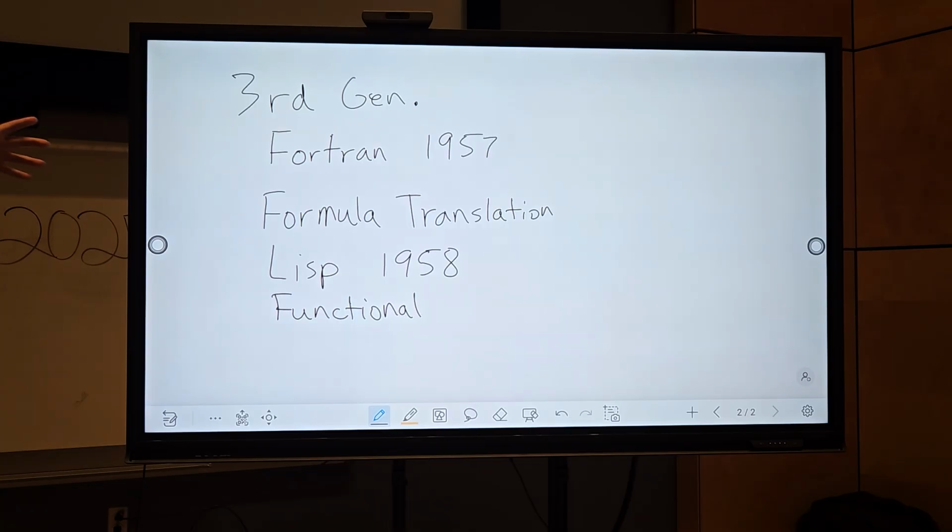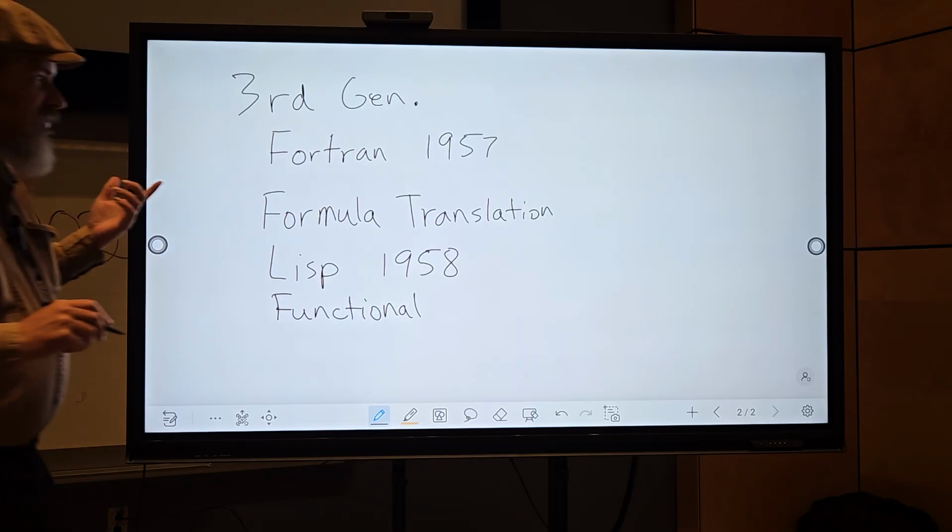What distinguishes third generation languages is that they are platform independent. When you write a program in a high-level language, it doesn't matter what processor it's going to be run on when you're doing the writing. When the processor comes into play is when you compile them.